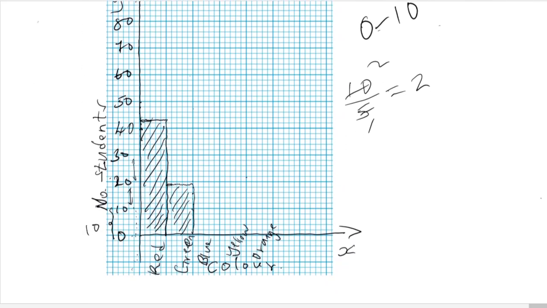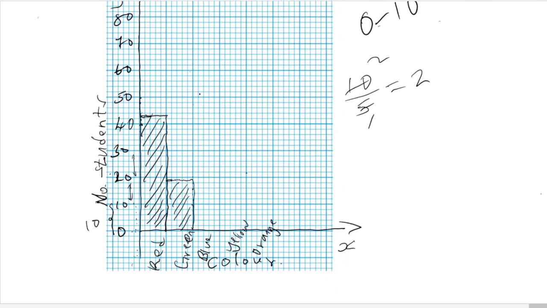Then we go to 55. 55 will be between 50 and 60. So it will be 50, 52, 54, 56, 58, 60, so it will be between 54 and 56. This is our third bar.